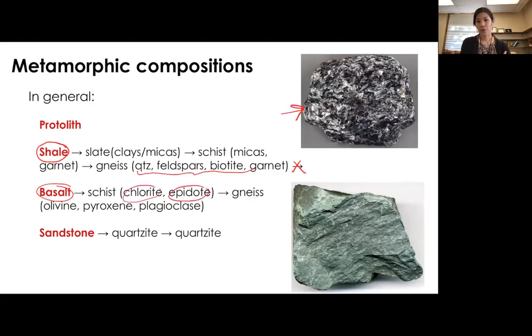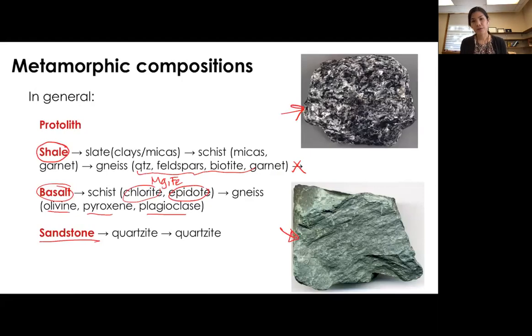So these are both minerals that contain magnesium and iron, those key elements of the mafic group. And those may further metamorphose into a gneiss that has olivine, pyroxene, and plagioclase. So those are minerals at the upper part of Bowen's reaction series and in the mafic group. And so this chlorite schist here is likely from a basalt protolith.